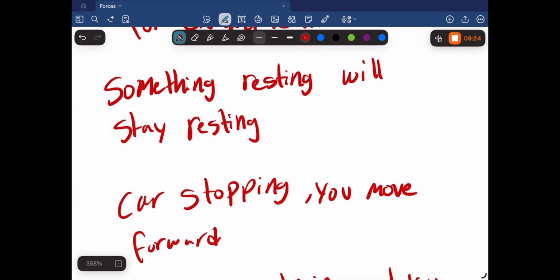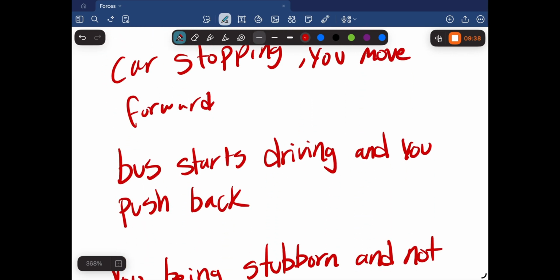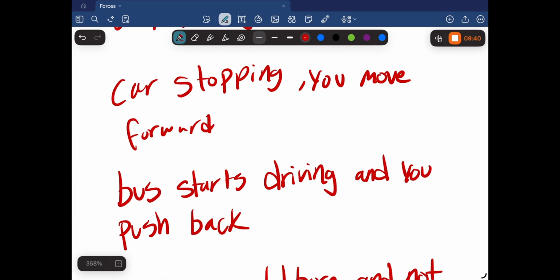Or a car stopping and you move forward, okay? You were moving when the car was driving, the car stops, but you still keep moving forward. The bus starts driving and you push back, okay?